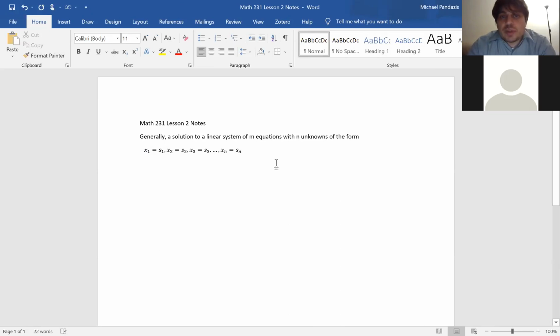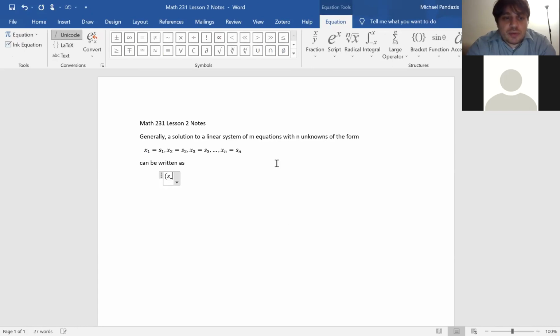So a solution to a linear system of m equations with n unknowns of this form can be written as an ordered n tuple.